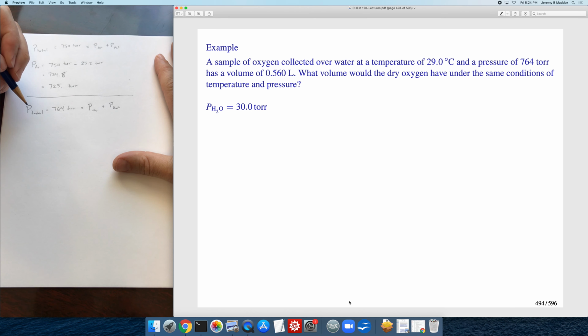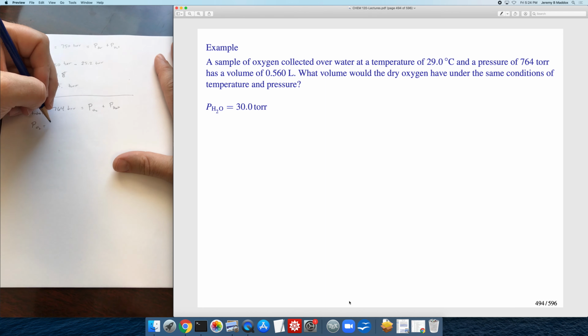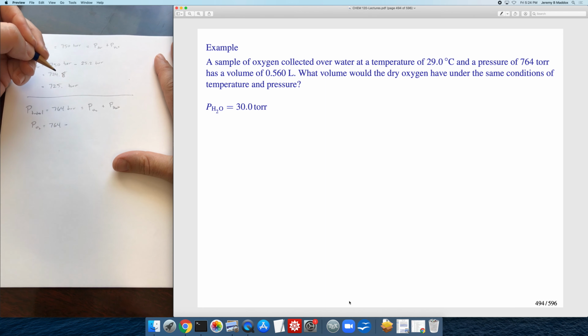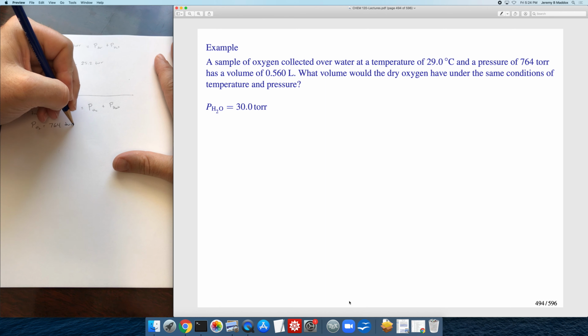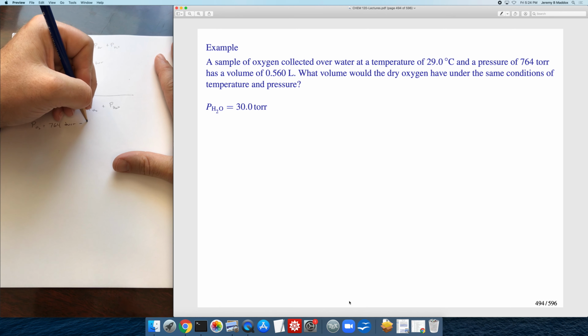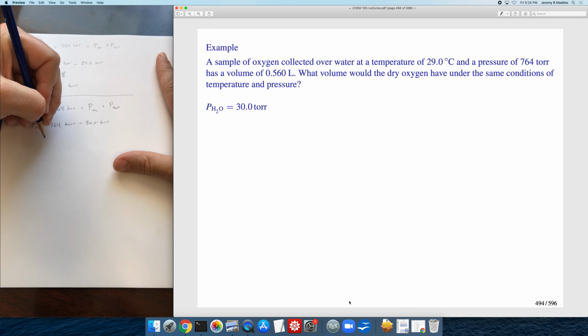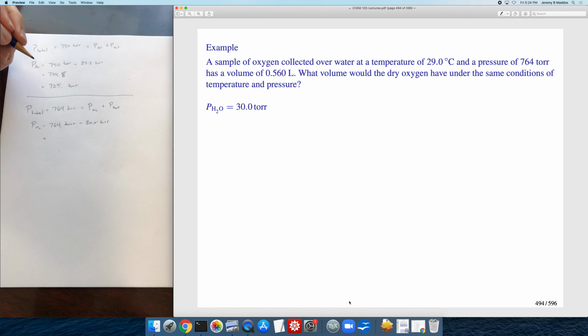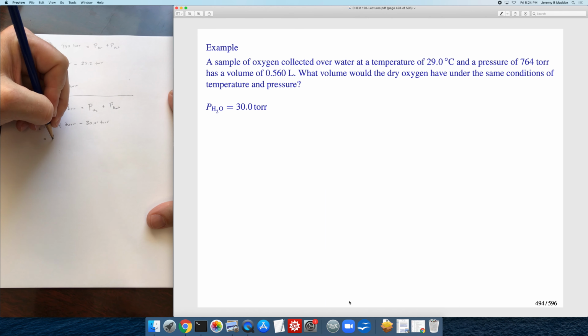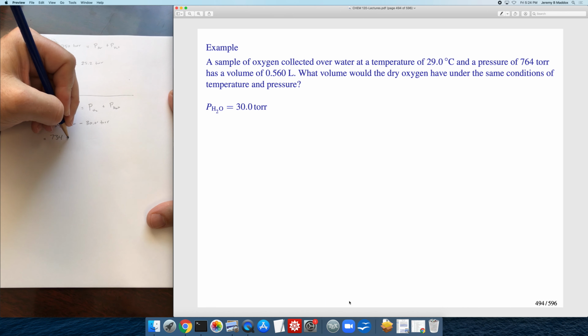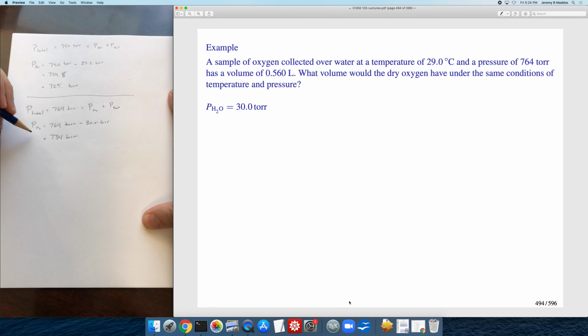And so now let's calculate the partial pressure of the O2. So that's the 764 torr minus the 30 torr for the water vapor. So 734 torr, that's what we have.